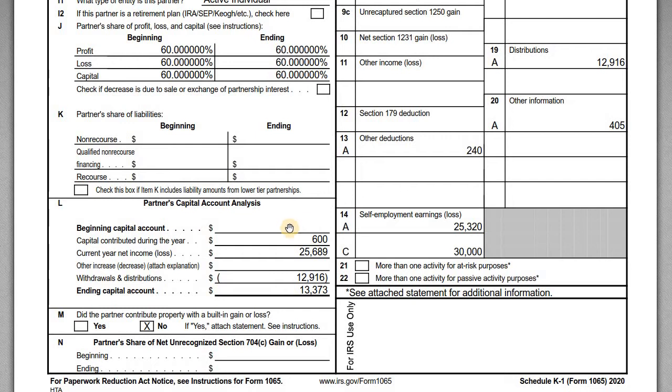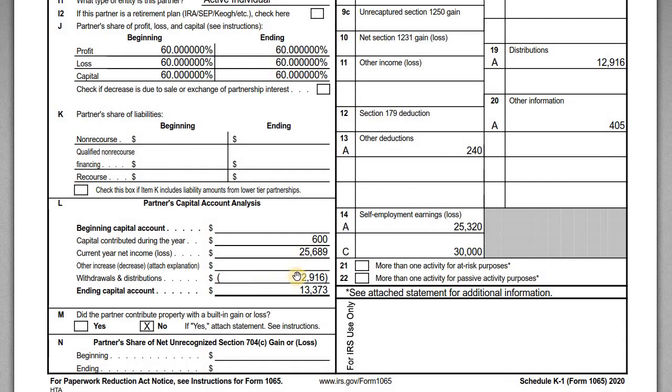So in this context, this is a brand new entity, so the beginning capital account for this partner is going to be 0. The amount of capital contributed during the year is the amount of cash that John, or this investor, put into the entity during the year. The next line item down is the net income or loss allocated to the partner.